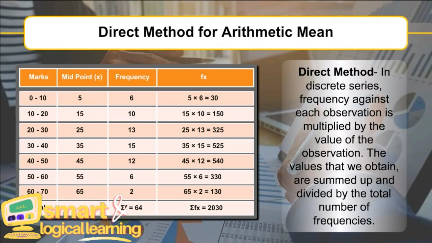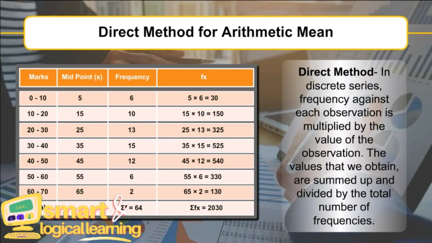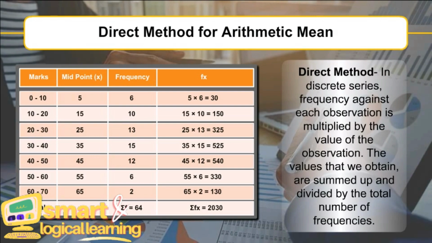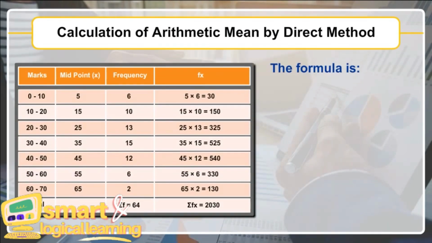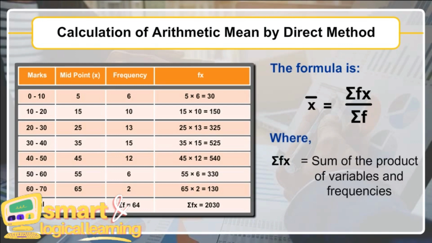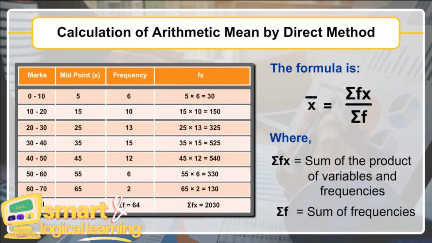The values that we obtain are summed up and divided by the total number of frequencies. The formula is x bar is equal to summation fx upon summation f, where summation fx is the sum of the product of variables and frequencies, and summation f is the sum of frequencies.